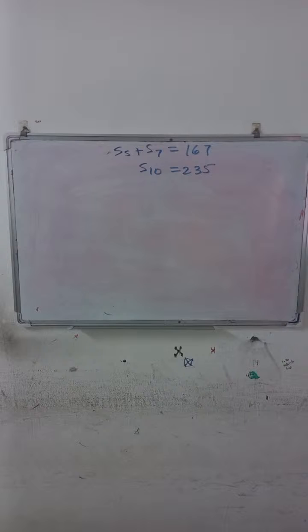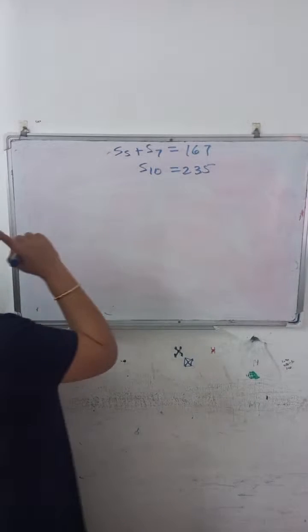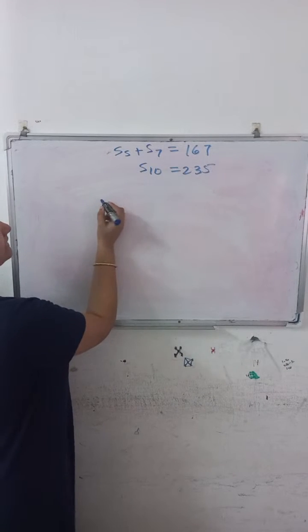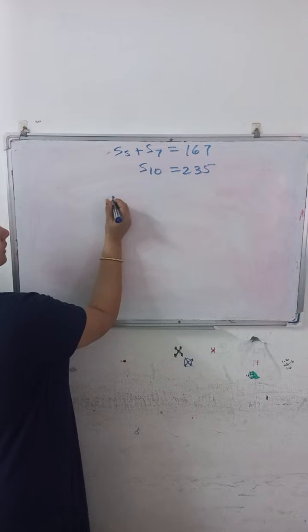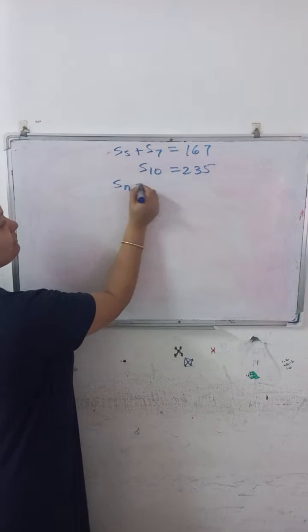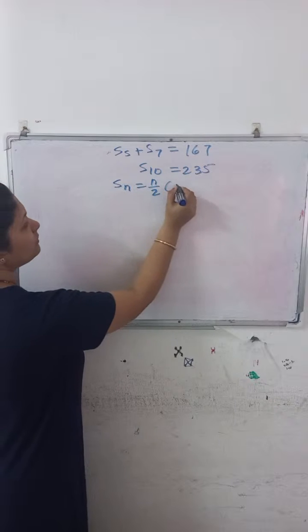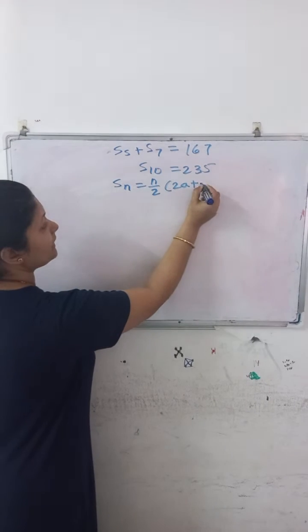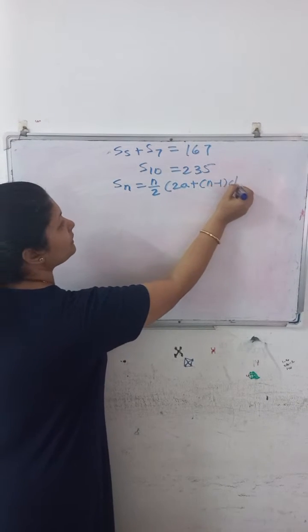Yes, anyone tried the question? Can you get how to solve this? Does anyone know how to solve? Here, this is S5 and S7, right? With the help of this formula, n by 2 into twice a plus n minus 1 into d.